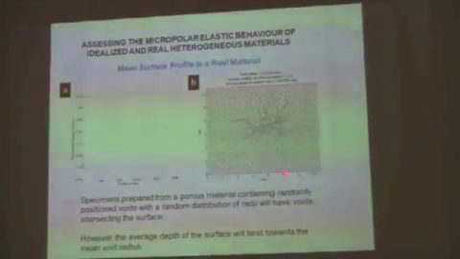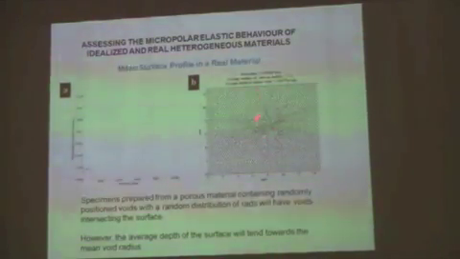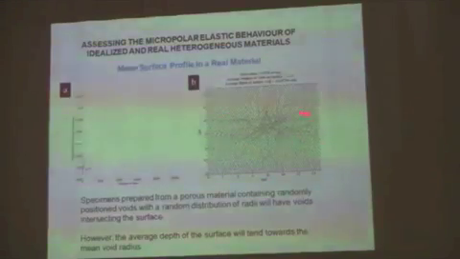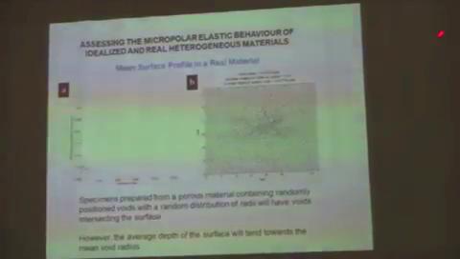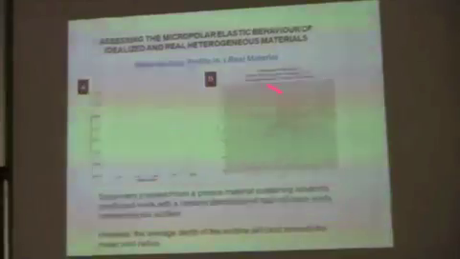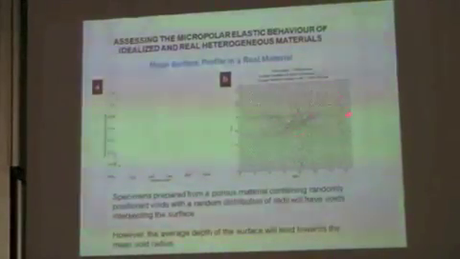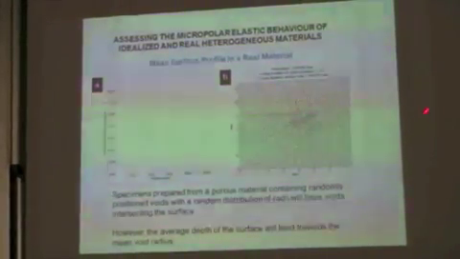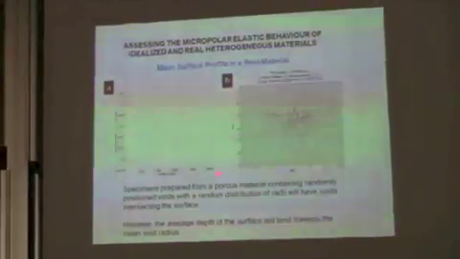So when you're testing a real material, what's the surface going to look like? To answer that question, we generated this two-dimensional material, where we've got voids, but they're distributed randomly now, and they're also of random size, and then we just put lots of lines across this, and we asked, what's the surface profile going to look like on average?